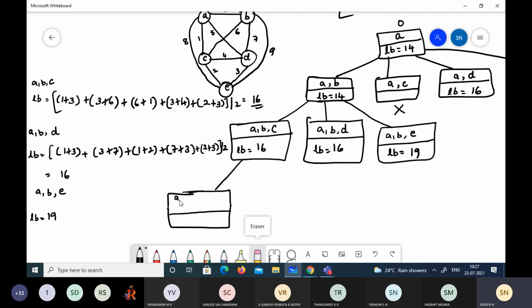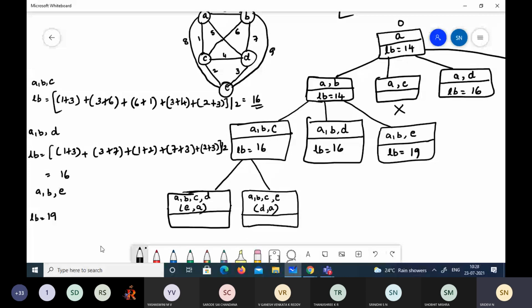Okay. After reaching C, C is also fixed. Now if we reach D, we will be left out with only one vertex, which is E, and we can return back to A. That is one more cycle.